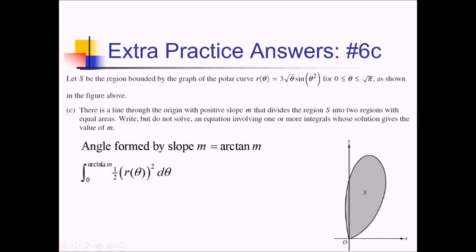So this gives us the area from 0 to whatever that line was chopping this in half. Since those areas are equal, this has to equal the integral from arctan of m to radical pi of basically the same area formula, 1/2 r of theta squared d theta. And now I have an equation with one or more integrals that has an m in it that I could solve to find the value of m.